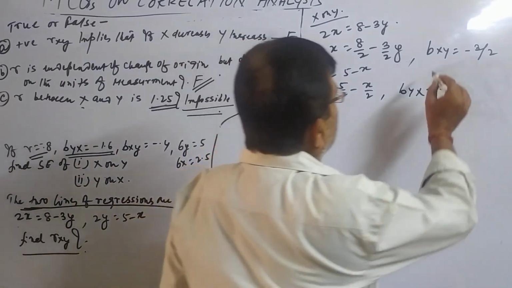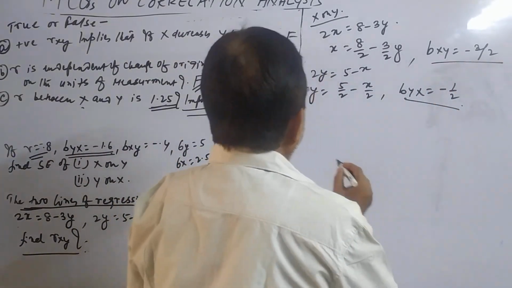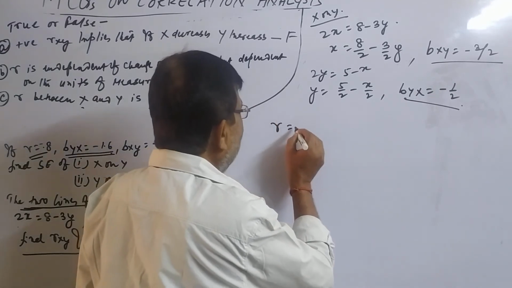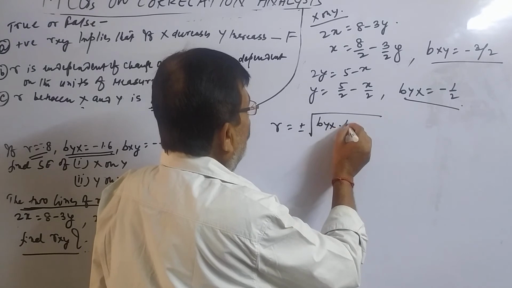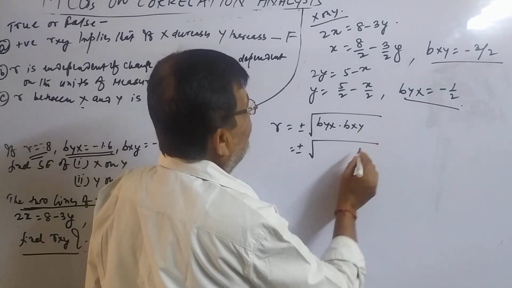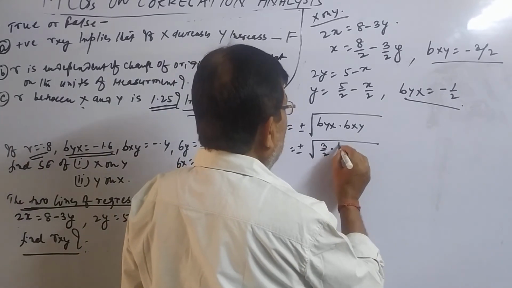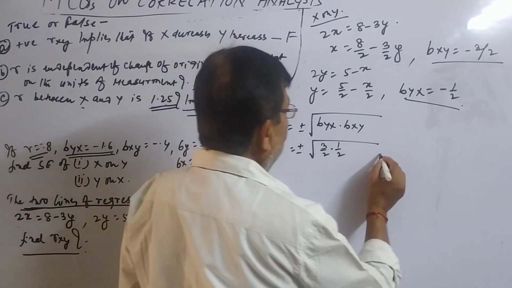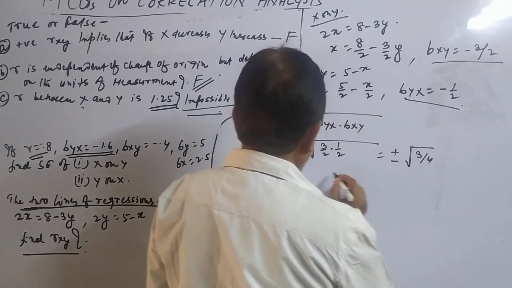We have got these two regression coefficients, and with the help of these two regression coefficients, r would be defined as plus minus under root byx into bxy, plus minus under root 3 by 2 into 1 by 2. So this is plus minus under root 3 by 4.